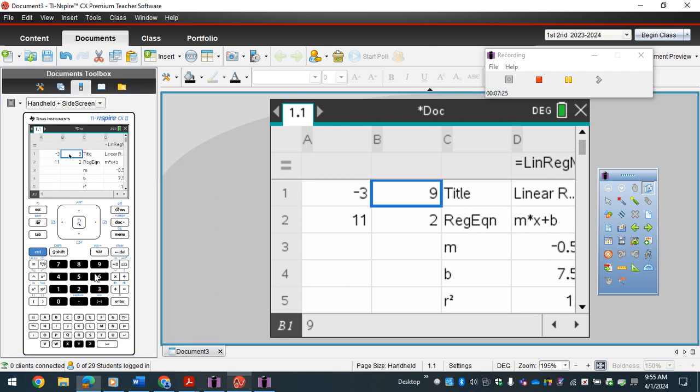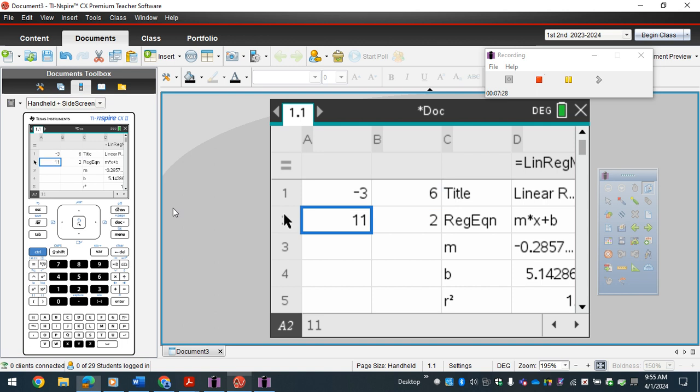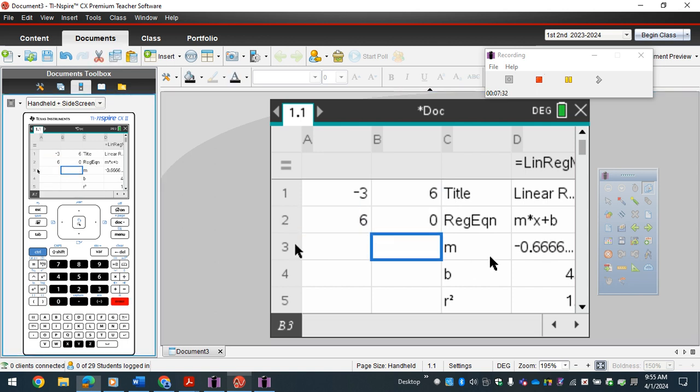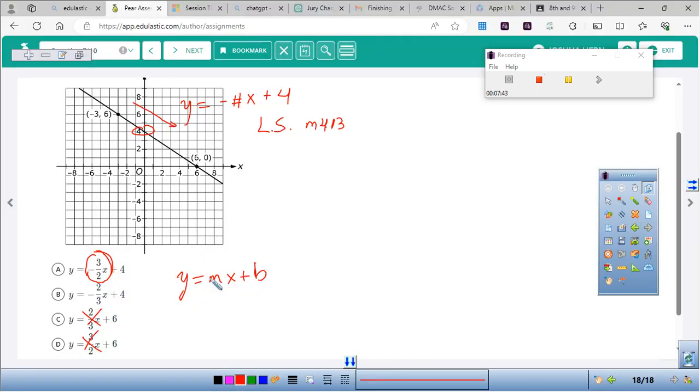Negative 3, 6, and 6, 0. So that's going to be, ooh, that's easy. That's a benchmark number from 6th grade. You should know that one as 2 over 3. Okay, 2 over 3. And now it's a negative 2 over 3. So we're going to have y equals negative 2 over 3x. And there's my answer.